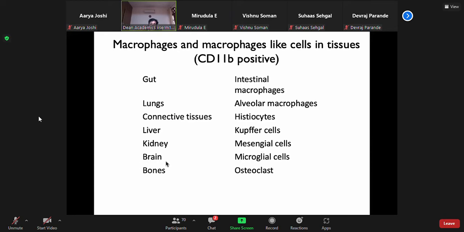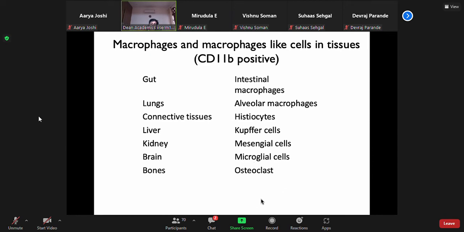If you find them in brain, you call them microglial cells. And obviously in bone marrow, you call them osteoclasts. So depending on what location these macrophages or monocytes are present, you call them with different names.